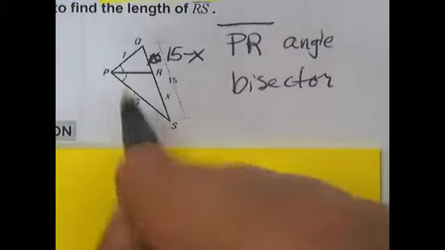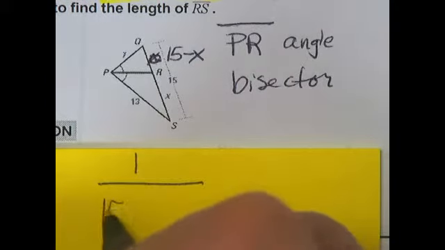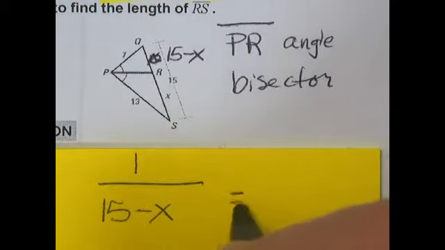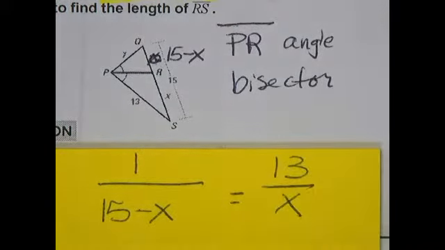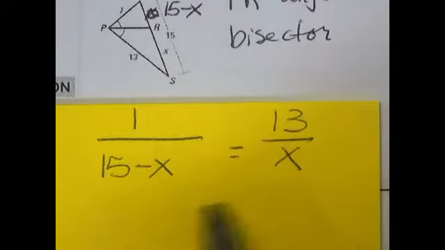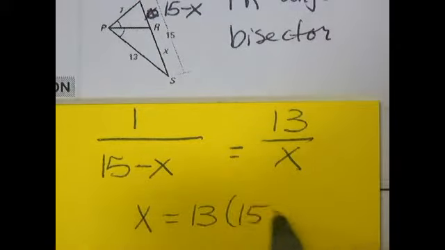Okay, if that doesn't make sense to you, pause it and listen carefully to what I said there. So we're going to set up a proportion. 1 is to 15 minus x as 13 is to x.